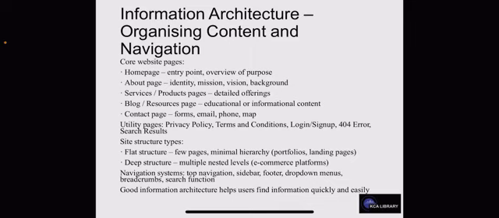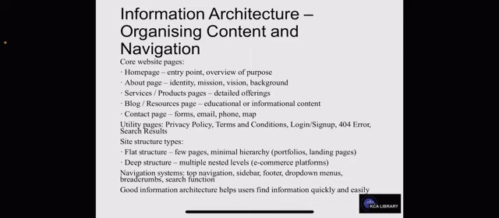Utility pages: privacy policy, terms and conditions, login or sign up, or search results. This is what utility pages are. Now, site structure types. We have flat structure and we have deep structure. The flat structure has few pages and minimal hierarchy, but the deep structure has multiple nested levels.